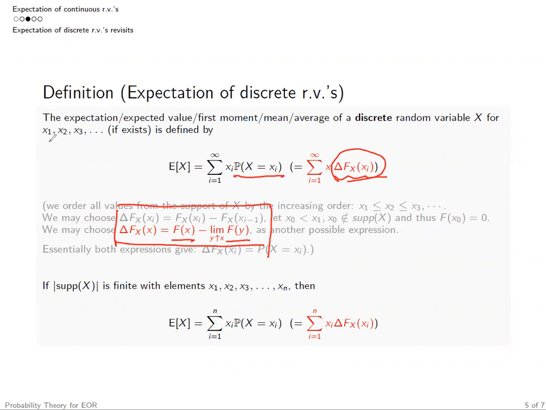In the discrete random variable scenario, that's equivalent to the difference F(x_i) minus F(x_{i-1}), if we order all the outcomes in increasing order.